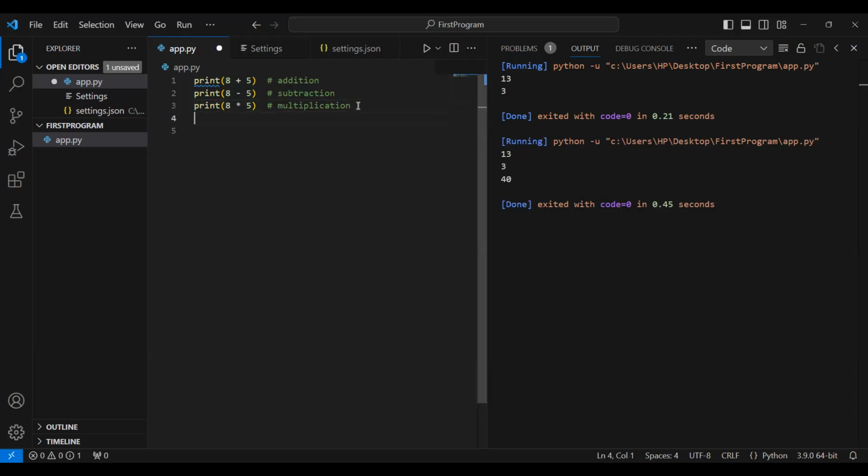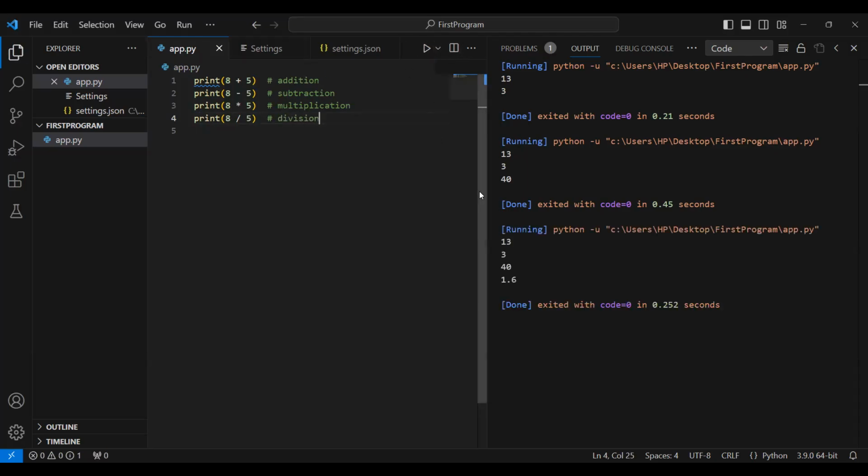We also have division, that is 8 divided by 5. We use the slash for that. If I save that, you find that this is 1.6.